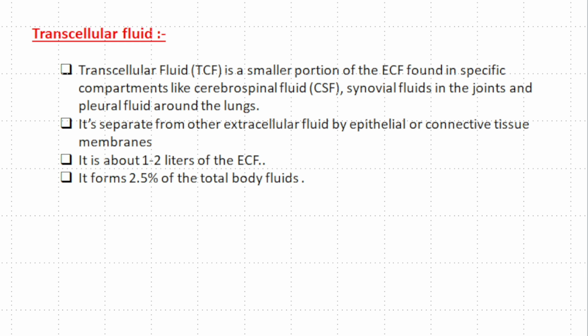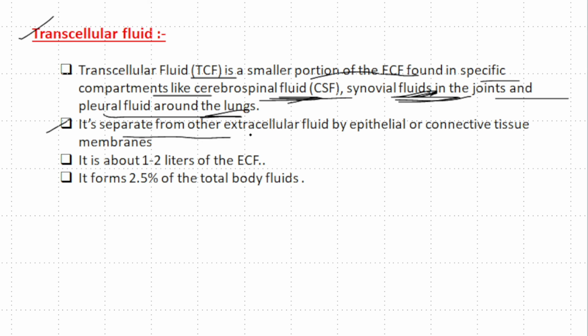Then transcellular fluid, or TCF: trans, cellular, fluid. It is a smaller portion of the ECF that is found in specialized compartments like CSF, cerebrospinal fluid, synovial fluid in the joints, and pleural fluid around the lungs.